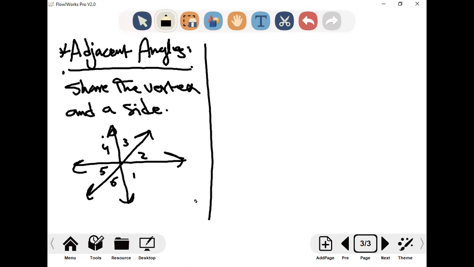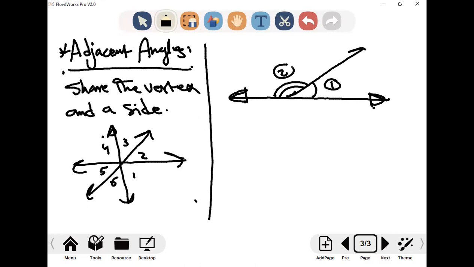So we have a common case. Look here. If we have a straight line, and we have these two angles, I'll call this one 1 and this one 2. 1 and 2 are adjacent. They are not opposite each other. They share the vertex and a side between them, right? Look at this angle, the blue one.